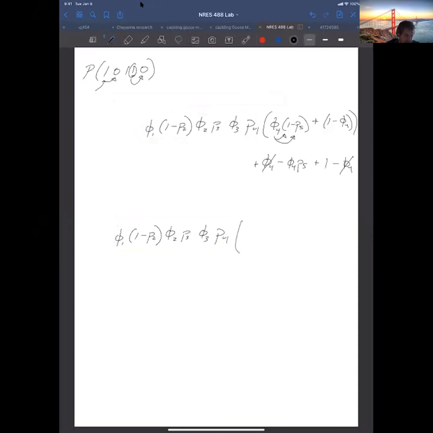What's left here, which is 1 minus phi 4 p5. And that's what we see when we look at the PowerPoint.